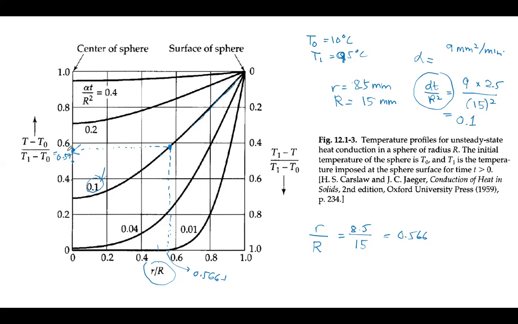So from here you can say that T minus T0 over T1 minus T0 is equal to 0.57, or T minus 10 would be 0.57 multiplied with the difference, 85, plus 10 degrees.